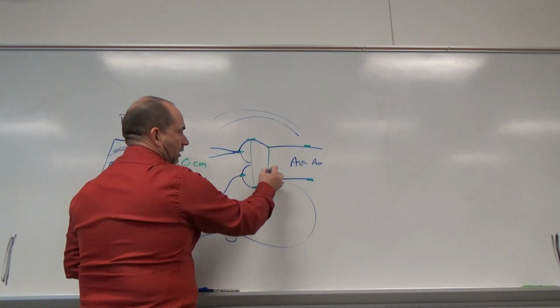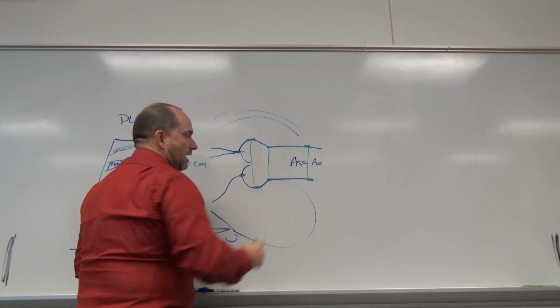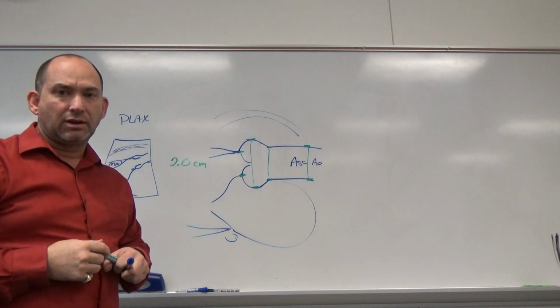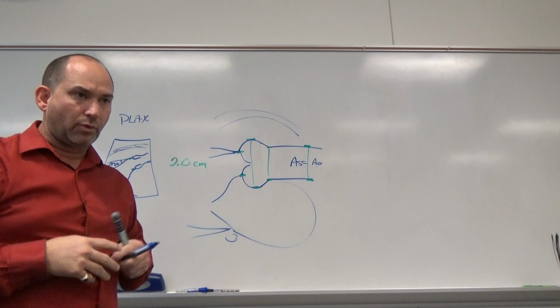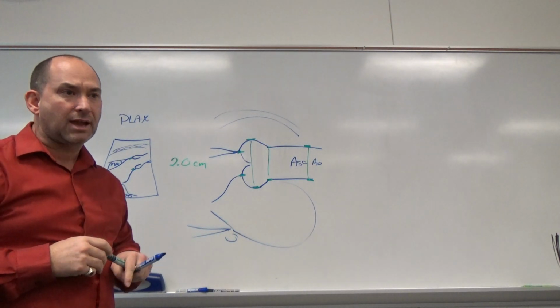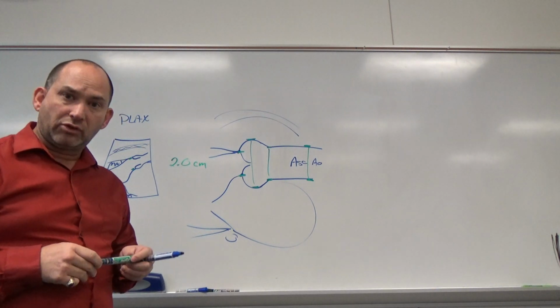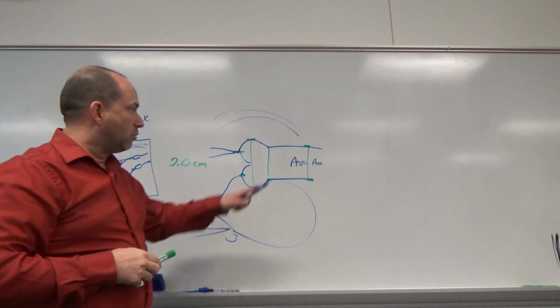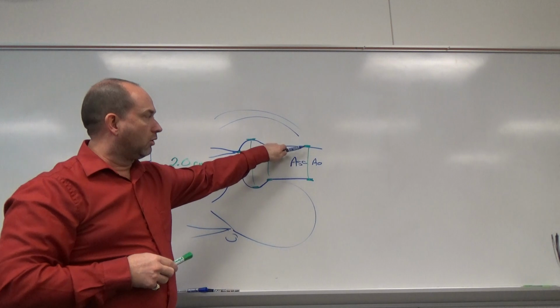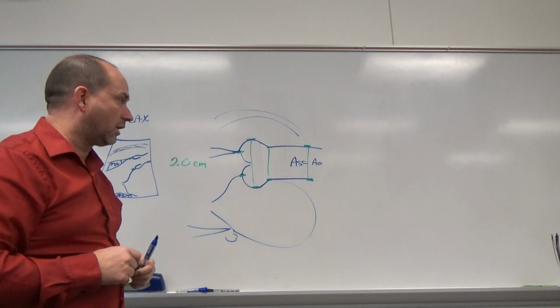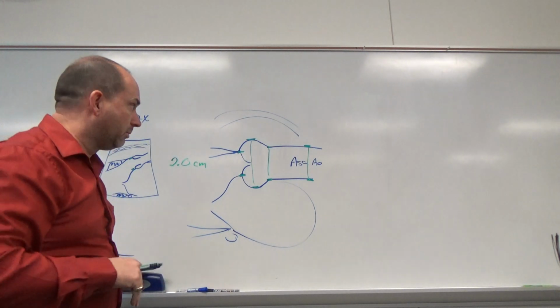So the sinotubular junction, ascending aorta. I'm also going to have us measure this outer to outer because any aneurysm, which is what we're looking for, is measured outer to outer with CAT scan in the abdominal aorta, etc. So I'm going to teach my students to always do outer to outer. You may find some labs doing inner to inner or leading edge to leading edge, but I'm going to teach outer to outer for any aneurysm.